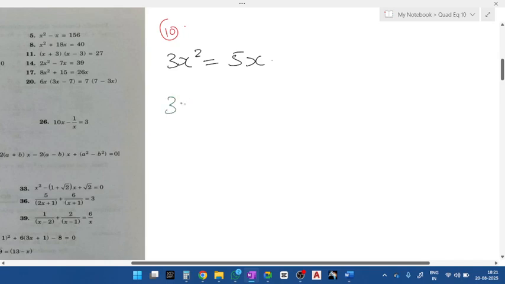What is all this? How do you solve this: 3x square minus 5x is equal to 0? Try this question, all of you. We don't have any constant.